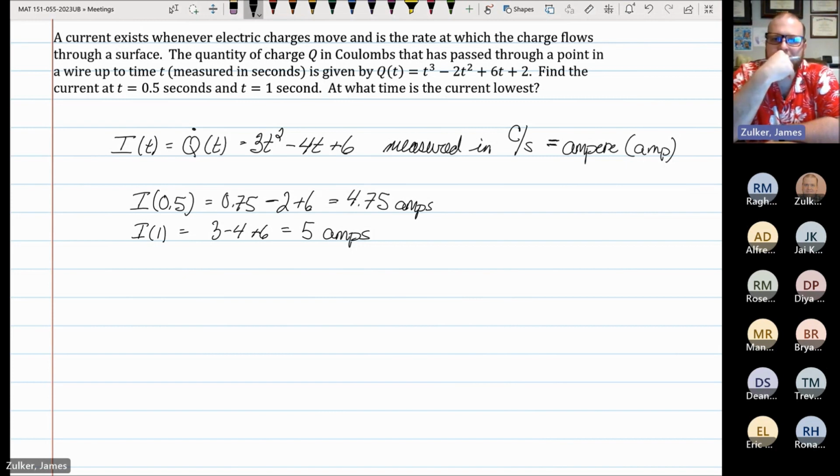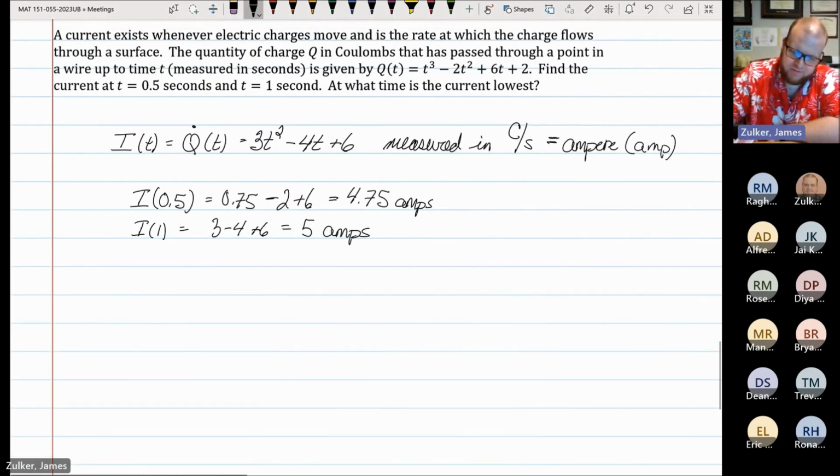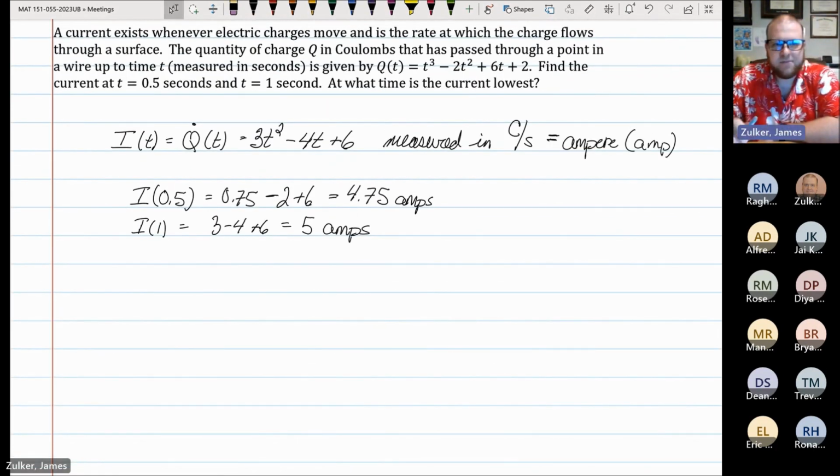At what time is current the lowest? Right. So think back to when we studied the graph of quadratics.